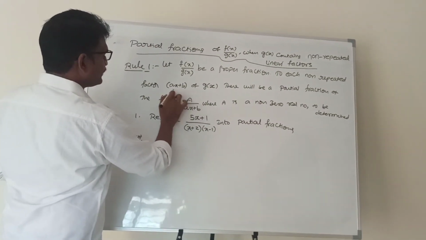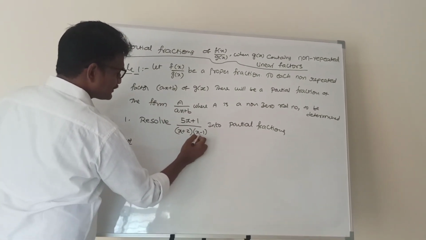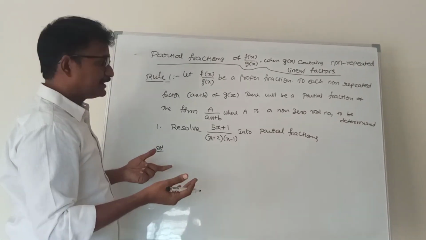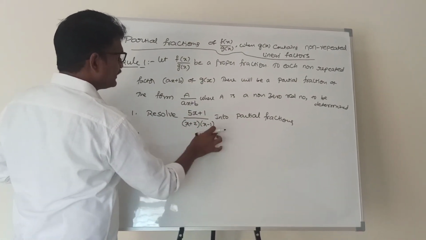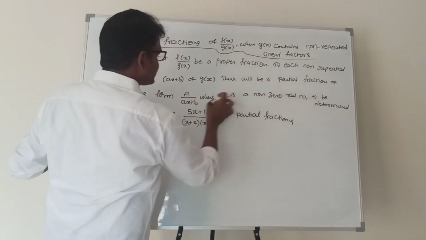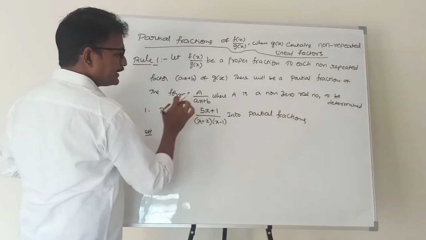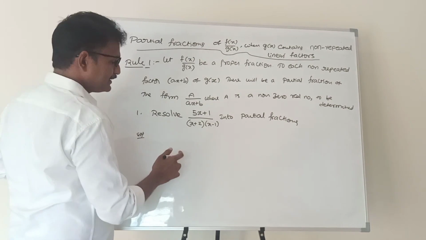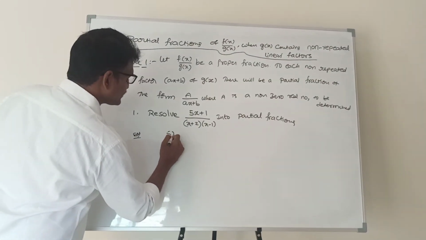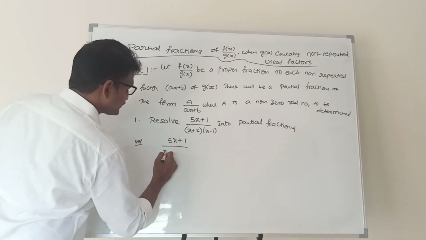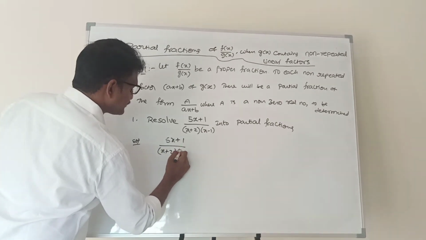To each non-repeated factor, see this x plus 2, x minus 1, both are different. So for each non-repeated factor of g of x, that means for the denominator, there will be a partial fraction of the form A by x plus b. So what it means: take 5x plus 1 by (x plus 2)(x minus 1).